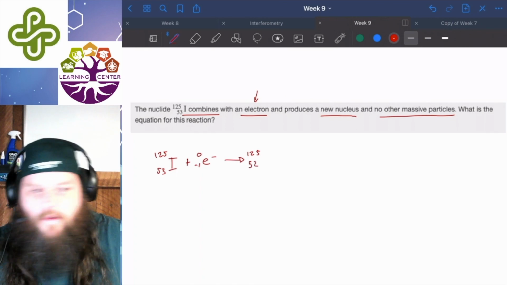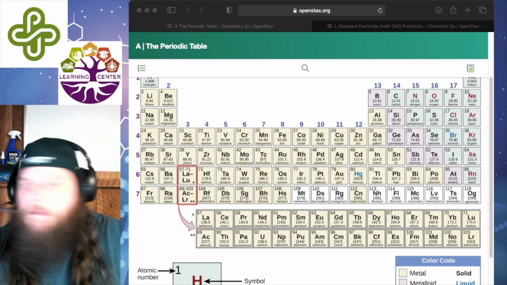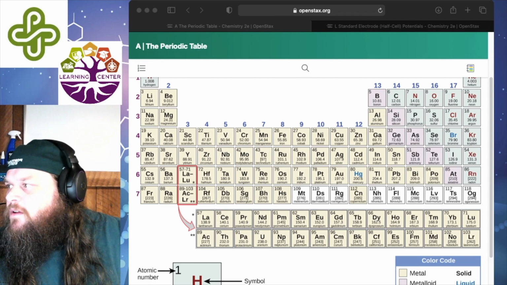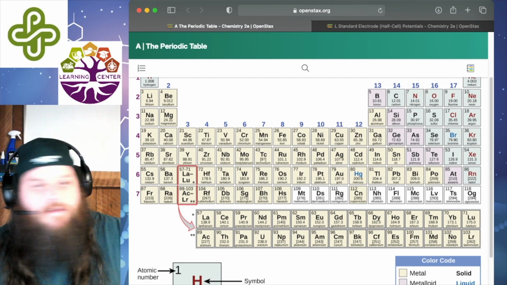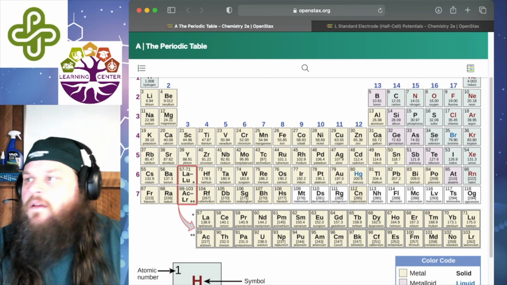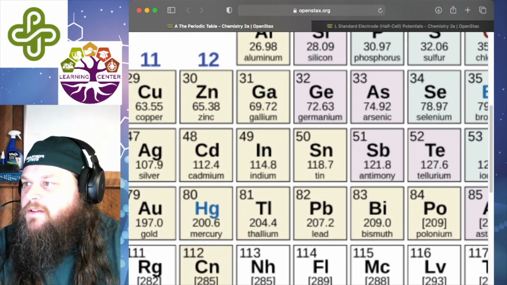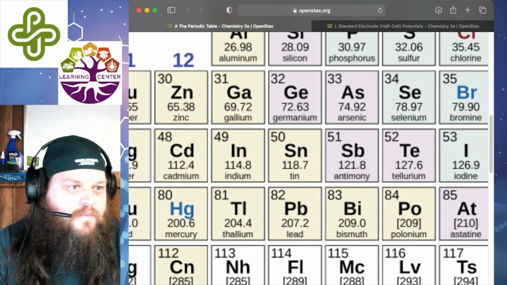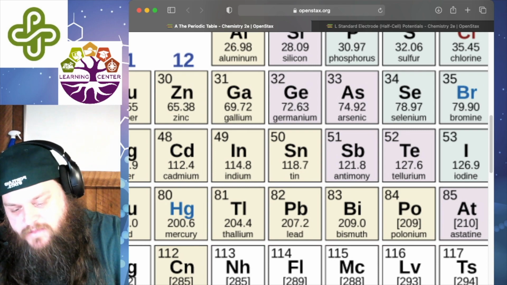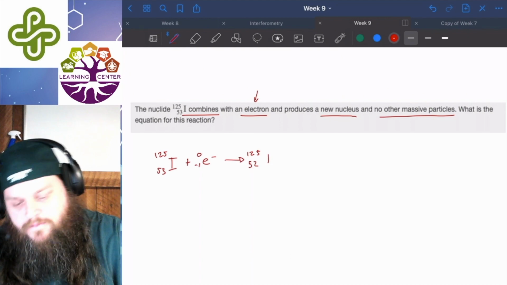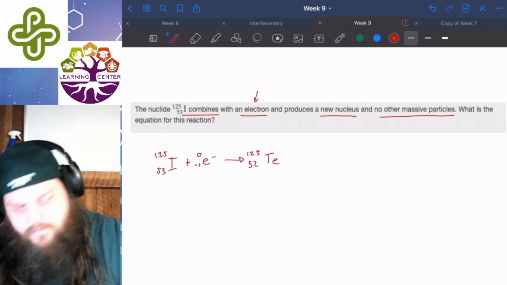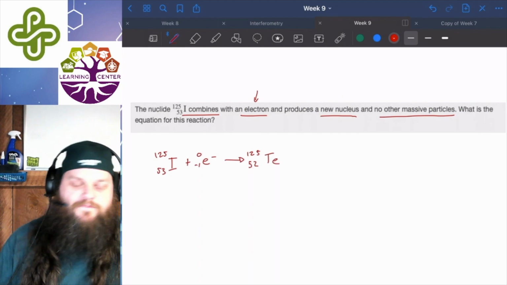And looking at our periodic table, we can look for 52. I see it there, tellurium, Te. So right here in group 16, can't see my cursor, but I can zoom into it. So number 52 is Te. And there we go.